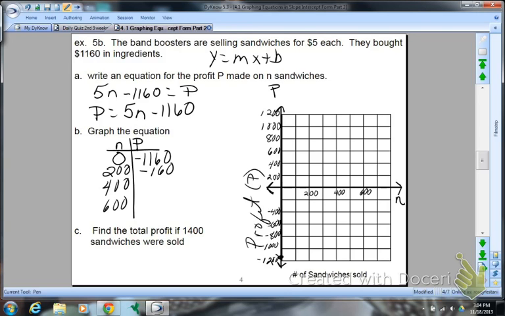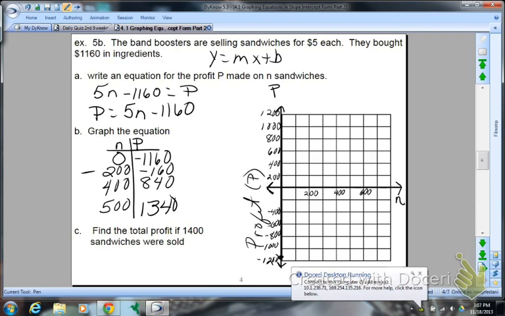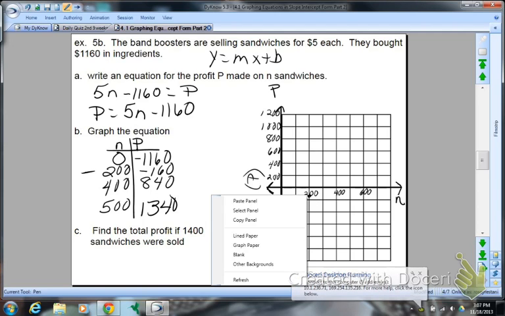Okay, finish the table. Okay, let's plot the points. 200, negative 160. Are we still losing money? Yes. So I'm going to plot 200, negative 160. It's about right here. 400 is 840.